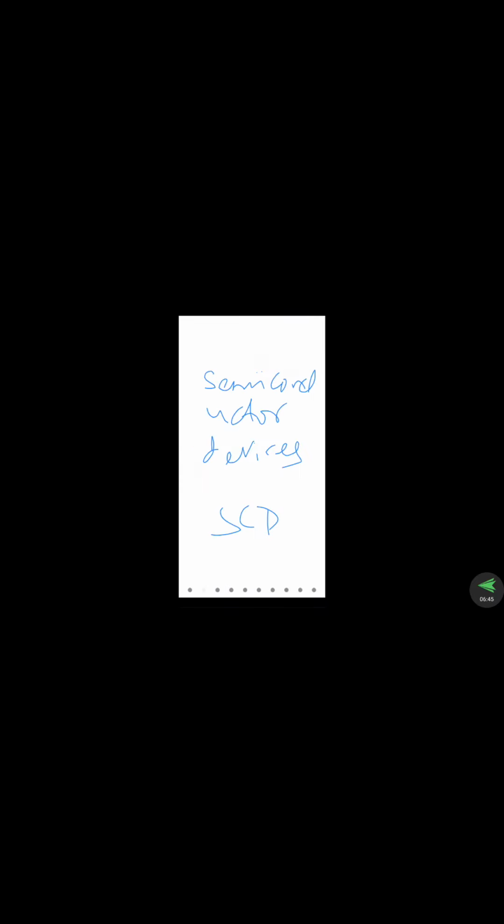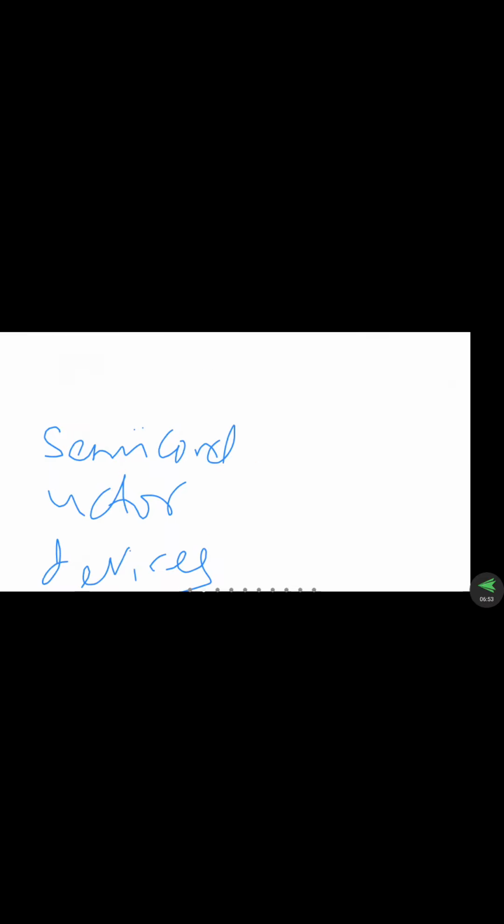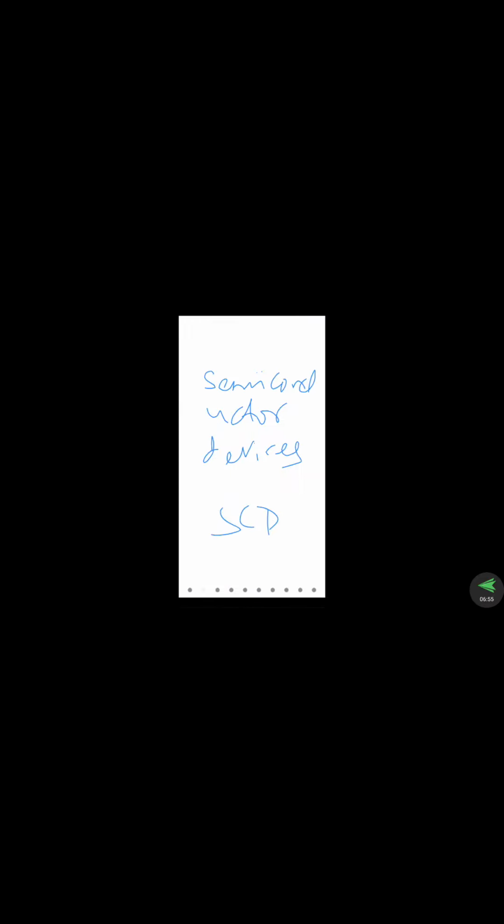So what are the good conductors we are using in real life? Copper and aluminum. So which is accepting high electricity? Copper. Aluminum. Silver. Silver, sir.